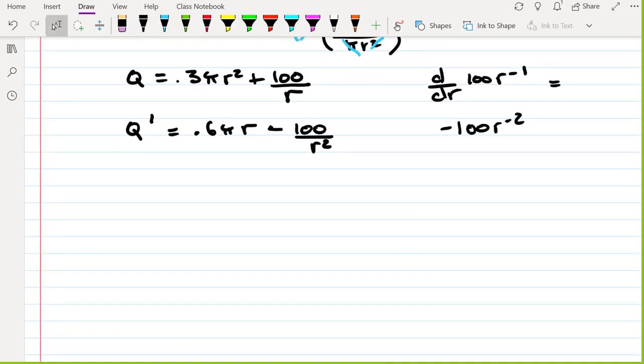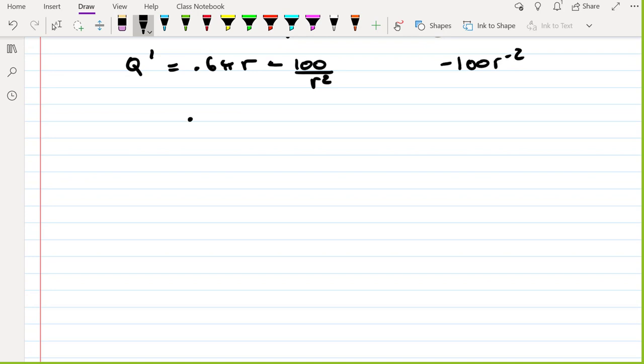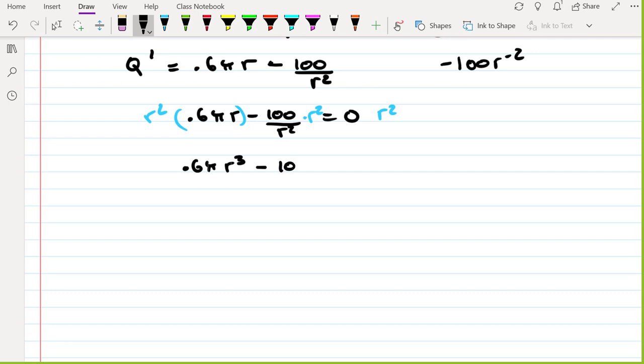So now we set this thing equal to 0. We get 0.6 pi r minus 100 over r squared equals 0. And it's a rational function, so we clear our fractions by multiplying everything by r squared, giving us 0.6 pi r cubed minus 100 is equal to 0.